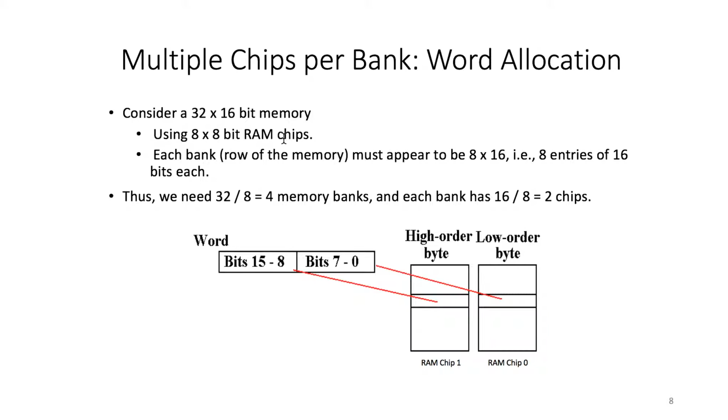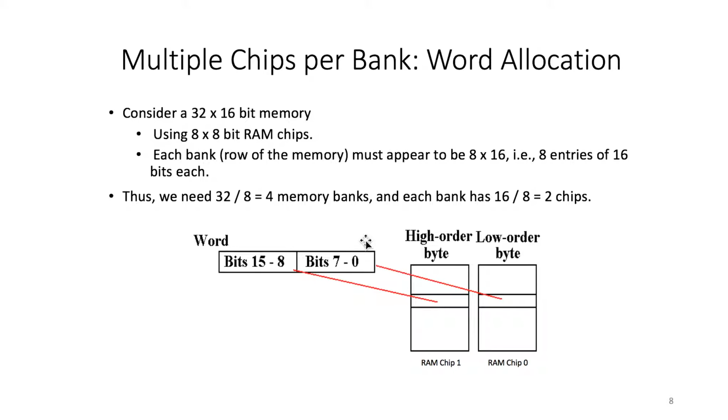With this condition, we can see that each bank of the memory must appear to be 8 times 16, because the width of the memory is 16, but the width of the chip is 8, and the number of rows of the chip is 8. So each bank is going to be represented by 8 times 16, where 8 means the number of rows per bank. Here is a bank right here.